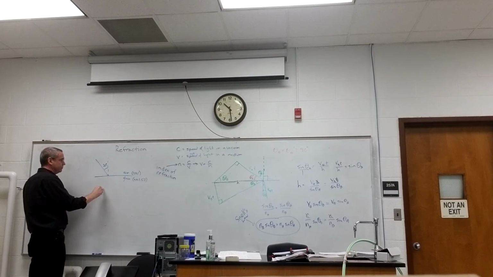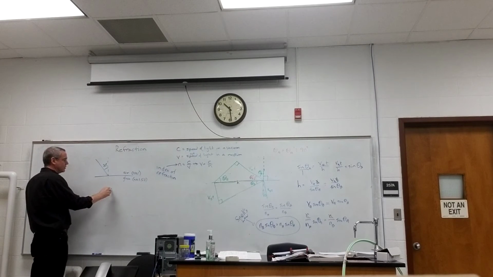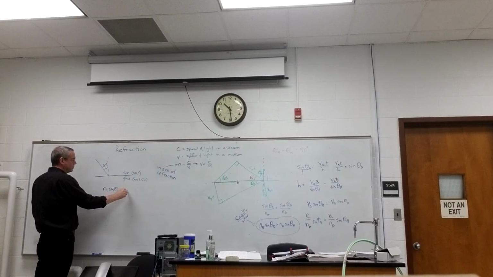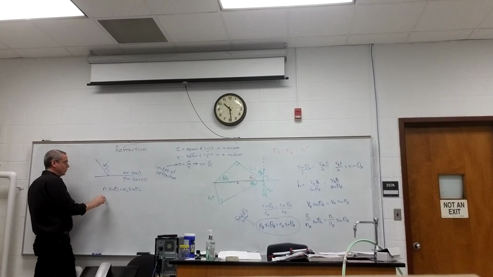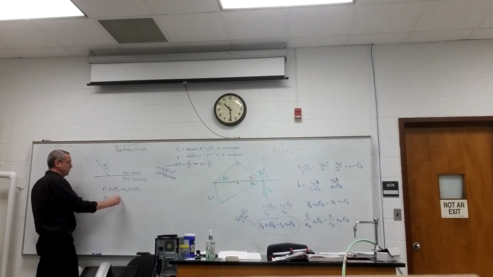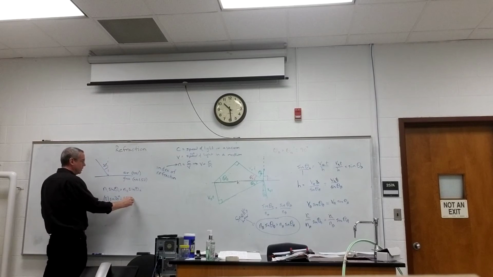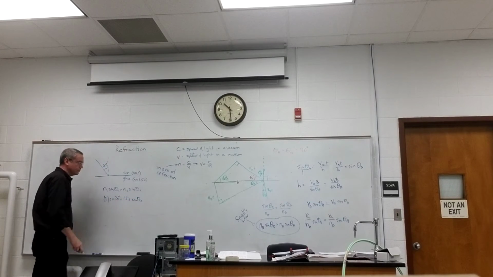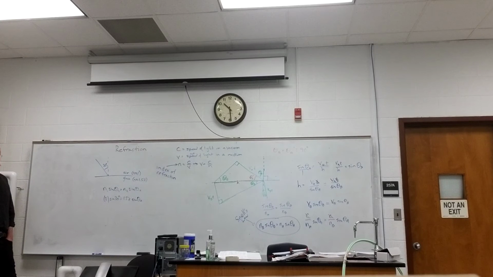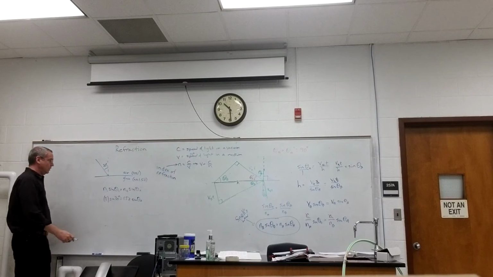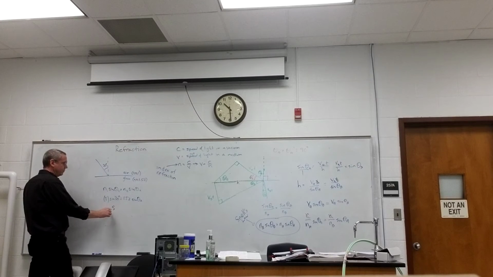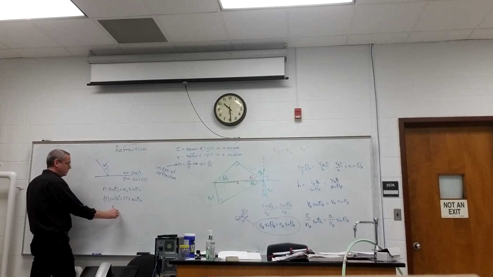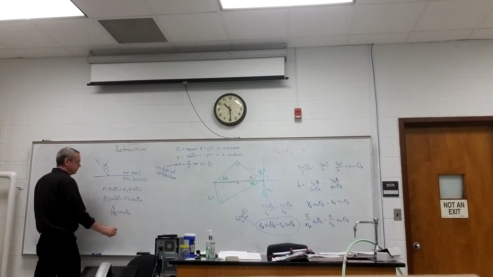So we have n sub 1 sine theta 1 equals n sub 2 sine theta 2. And so this becomes 1 times sine of 30 degrees is equal to 1.52 times the sine of theta 2. Sine of 30 degrees is a half, so this becomes 0.5 over 1.52 is equal to sine of theta 2.